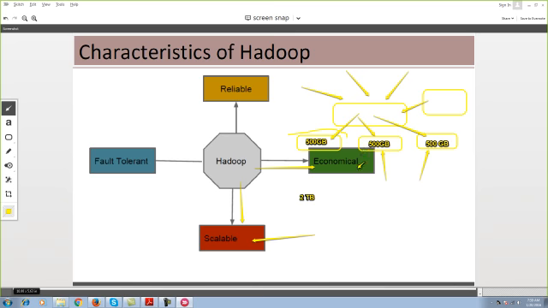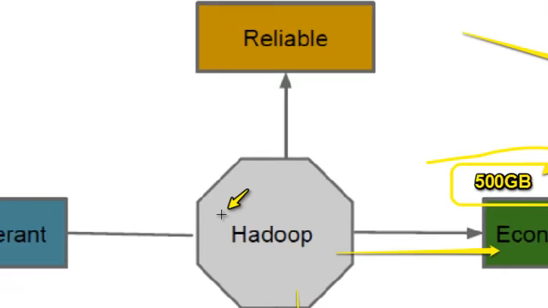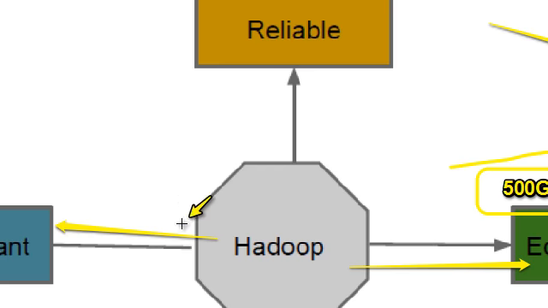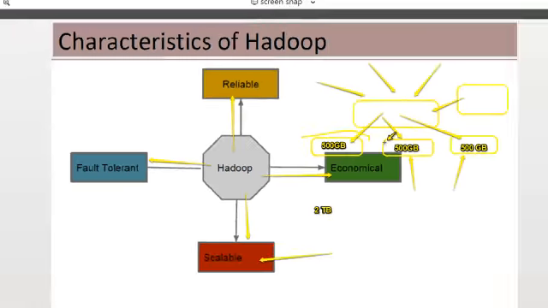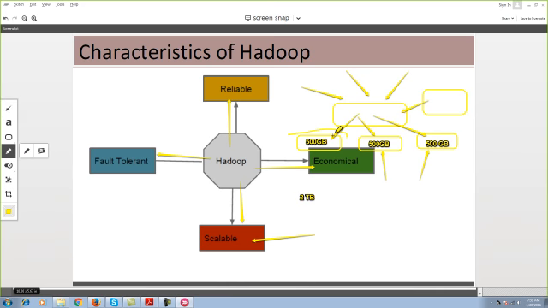The next aspect is reliability and fault tolerance, which go hand in hand. Your system is reliable. Can you rely on the processing and analysis approach which Hadoop gives and provides you the output? Is your solution fault tolerant? What happens if one of your data nodes goes down?